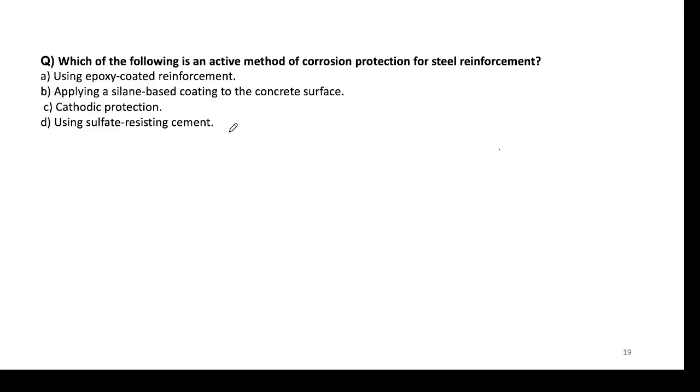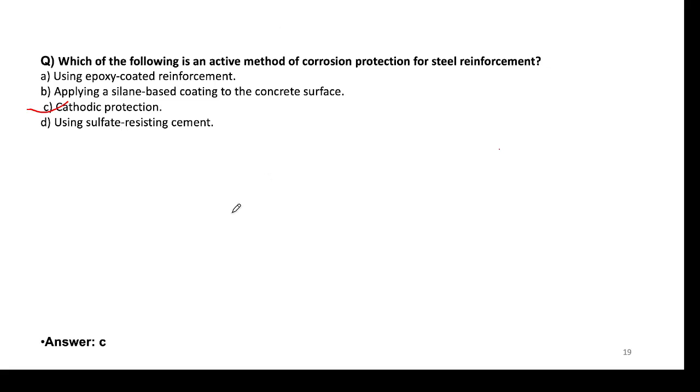Obviously we want to actively stop the corrosion, actively protect the steel from corrosion. Hence cathodic protection is the active method. All the others are passive methods. Epoxy coated reinforcement is a barrier type of coating, so it is passive in nature. Applying the silane base will reduce the ingress of chlorides, and using sulfate resistant cement is not relevant in this aspect.